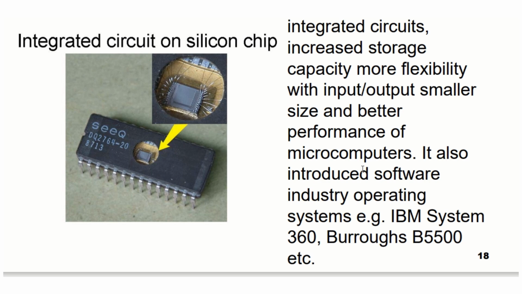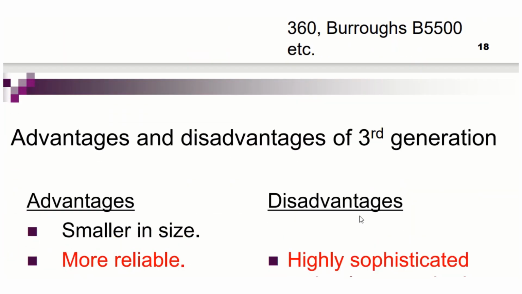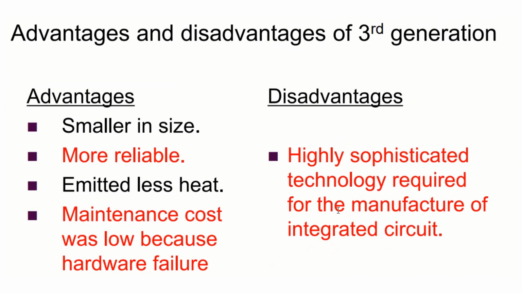It is during this third generation that the software industry, the operating system, was brought in. Examples of the third generation computer are the IBM System 360 and the Burroughs B5500.